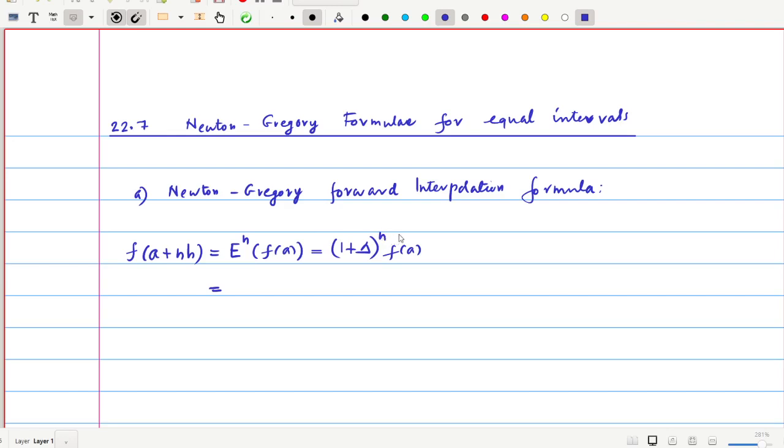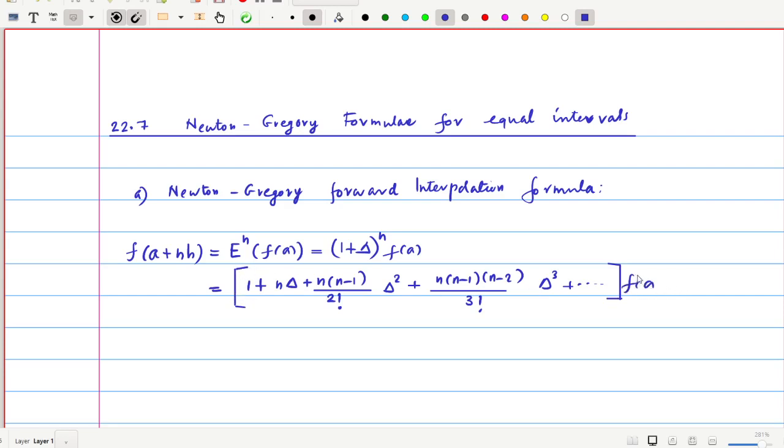For any real number n, even if n is not an integer, (1 plus delta) raised to n is 1 plus n times delta plus n times n minus 1 divided by 2 factorial times delta square plus n into n minus 1 into n minus 2 divided by 3 factorial times delta cube, etc.